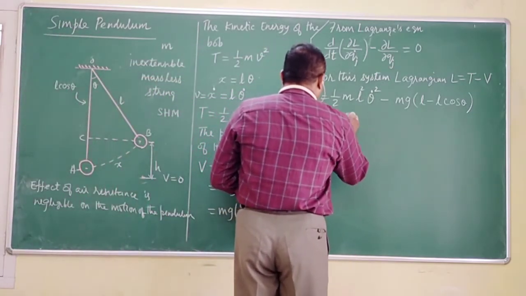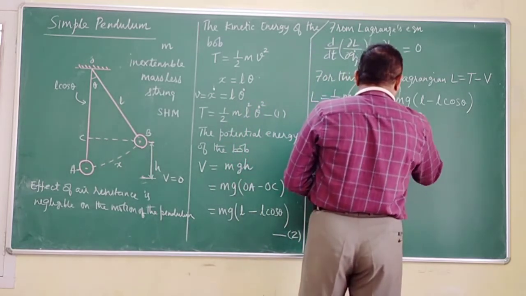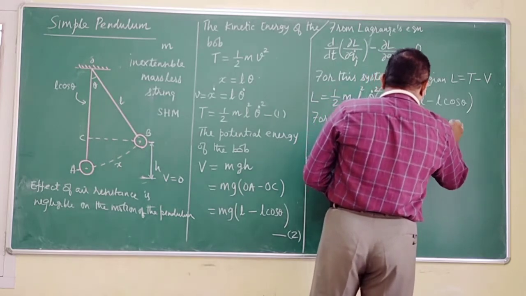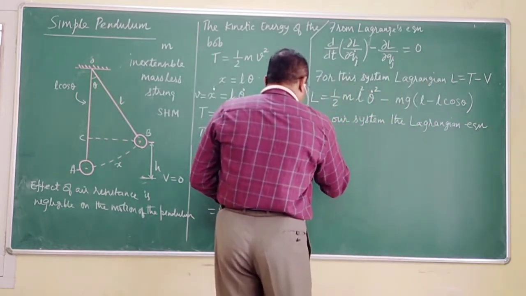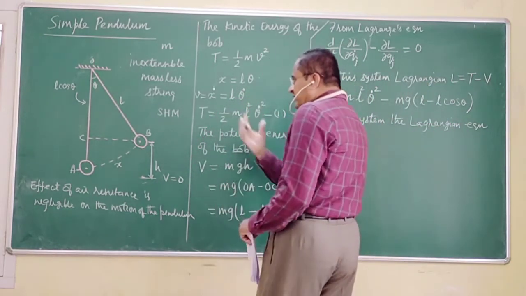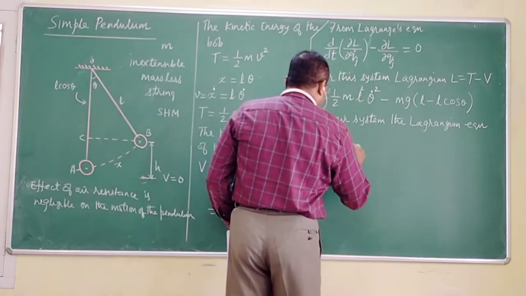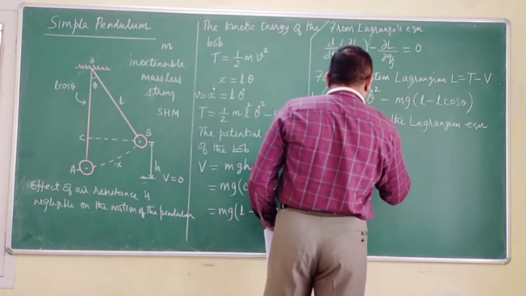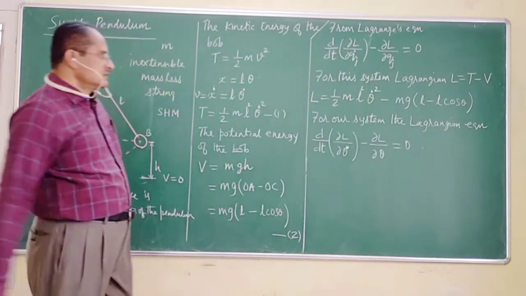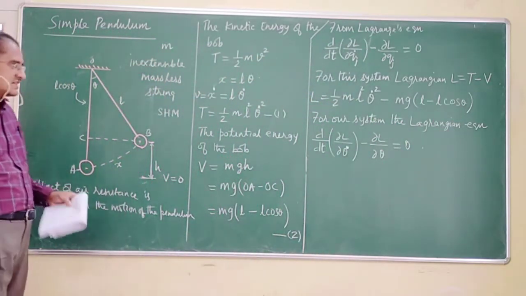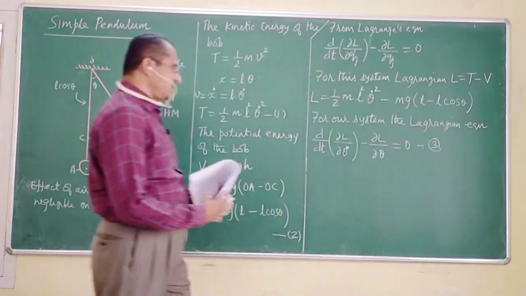For our system, the Lagrangian equation: d/dt of, the variable is θ, therefore ∂L/∂θ̇ minus ∂L/∂θ is equal to 0. That is the Lagrangian equation for us. Okay, let me call this equation number 3.